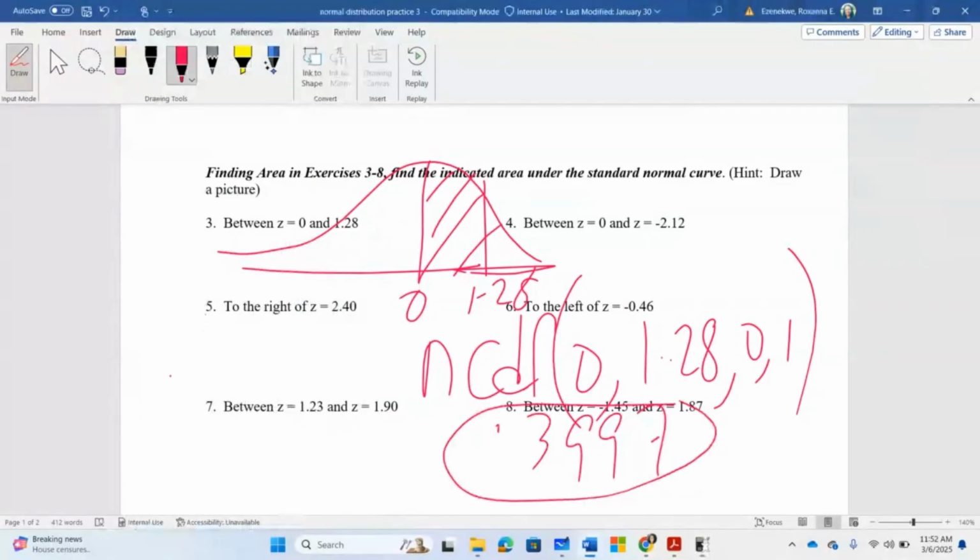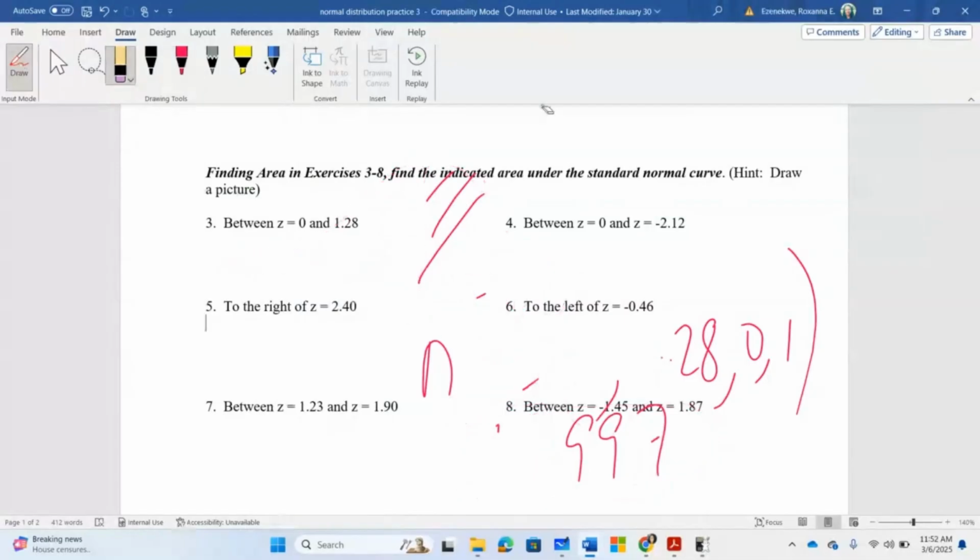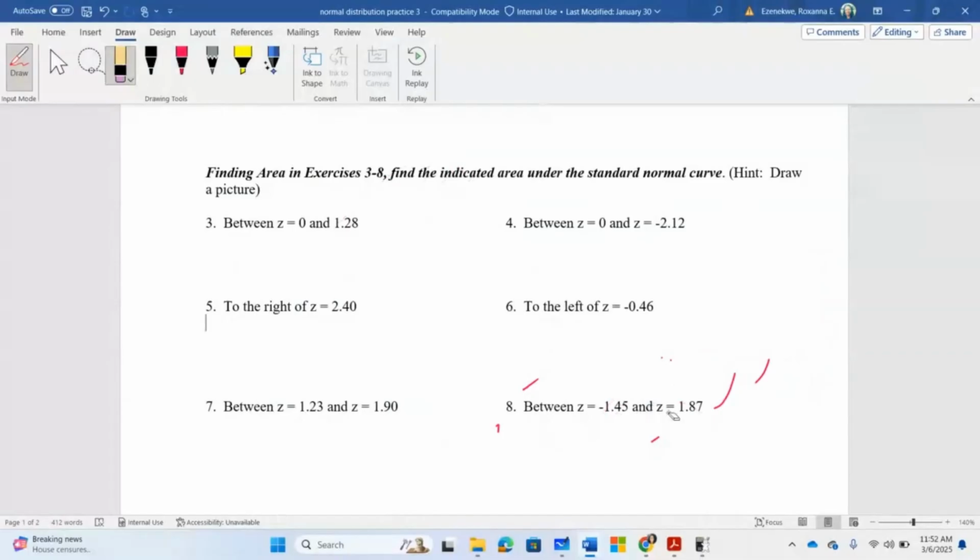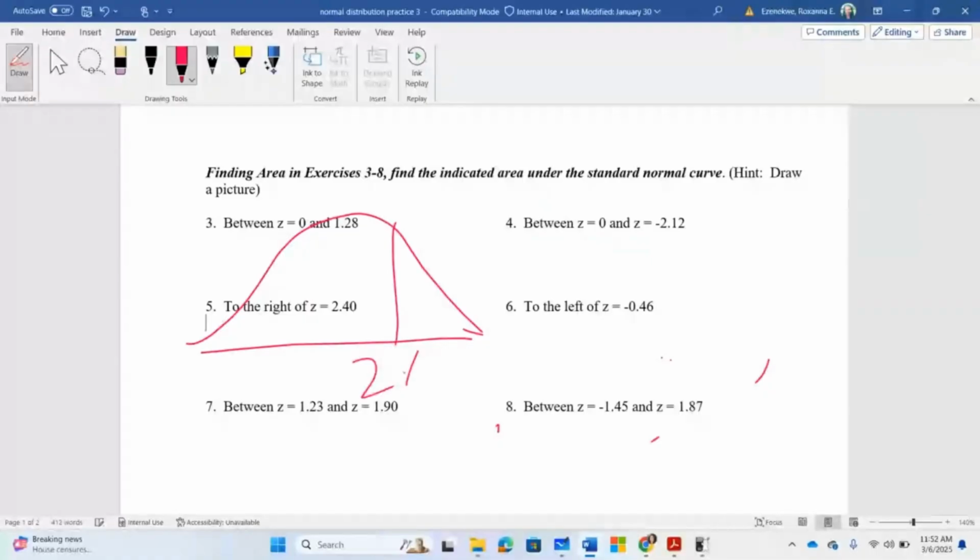So let's do area to the right, just to remind us that we already know this. Let's do area to the right in number 5. It says find the area to the right of 2.4. First thing is to draw a normal curve, and I want to show 2.4. 2.4 is positive, therefore it's on the right-hand side of the mean.